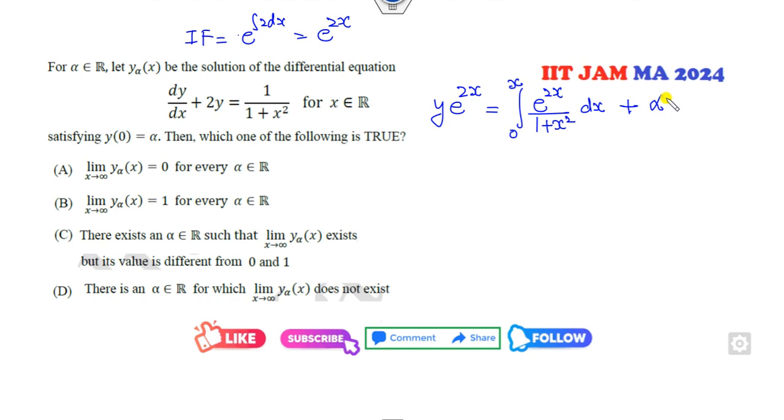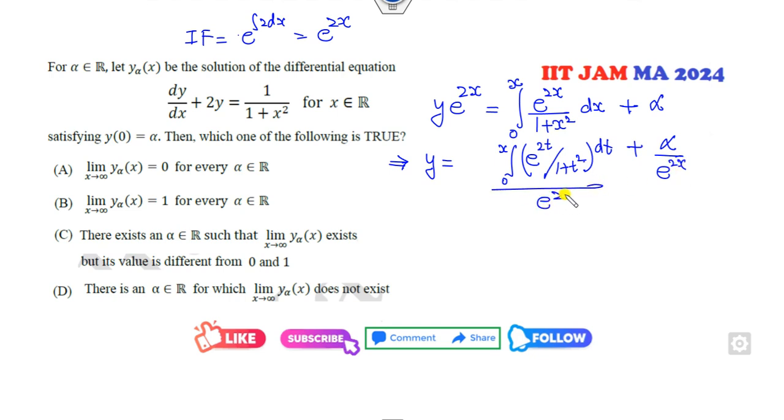Now your target is to find the limit as x approaches infinity. I can say this is 1 plus x square, or you can use t as a dummy variable, because the limits are the same. So this is e raised to power 2t over 1 plus t square, plus alpha, over e raised to power 2x.